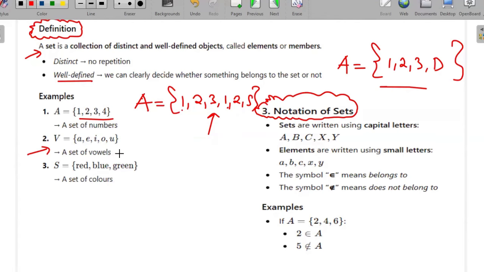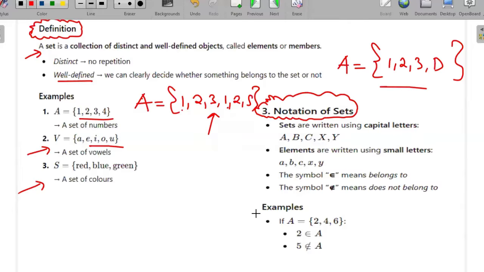We all know what the vowels are. They are just 5 and they are all listed in this set, so it will be a set of vowels. Another example can be a set of colors: there's red, there's blue, there's green. There is no ambiguity whatsoever to understand that that is a set that contains colors only.